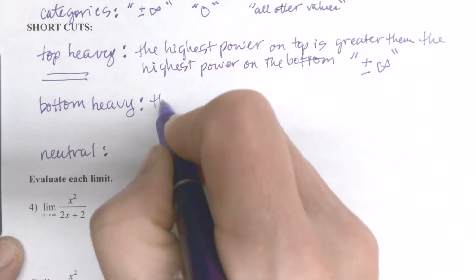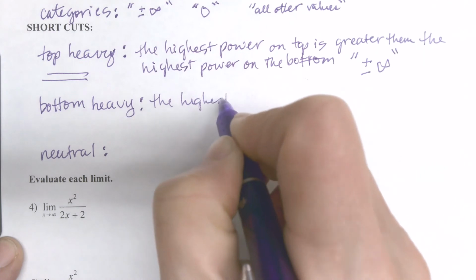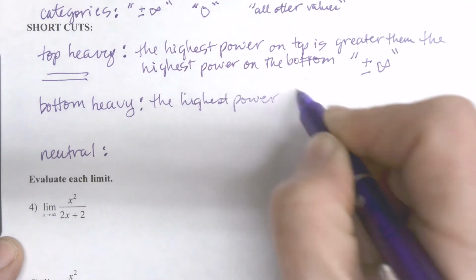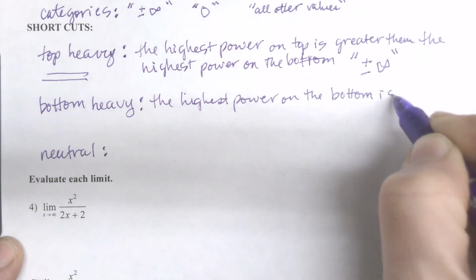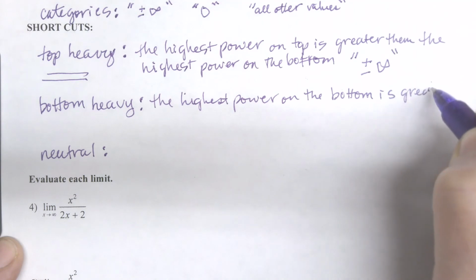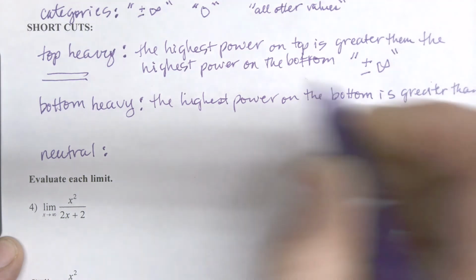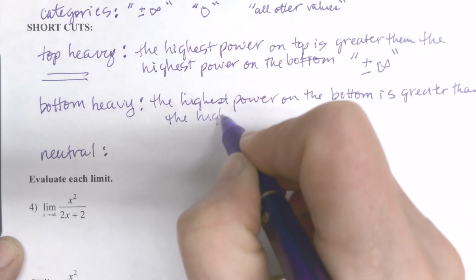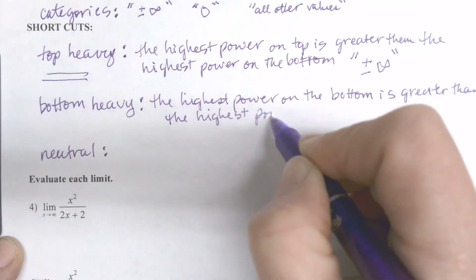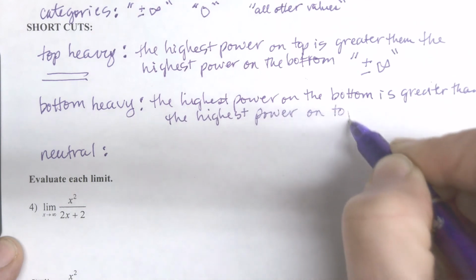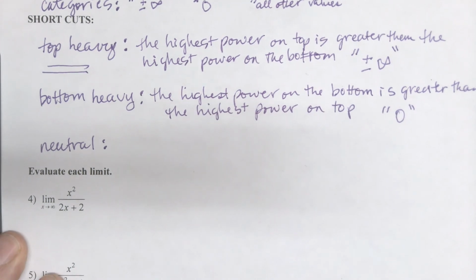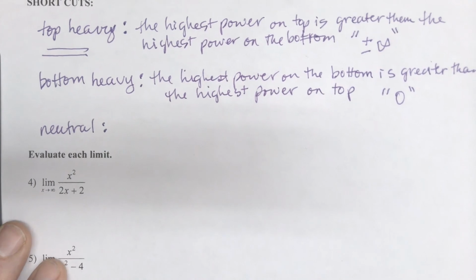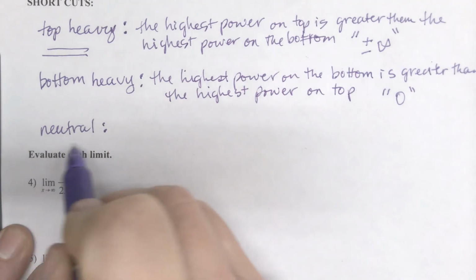Bottom heavy, the highest power on the bottom is greater than the highest power on top. And that's when we get a zero limit. And then all other answers happen when it's neutral.